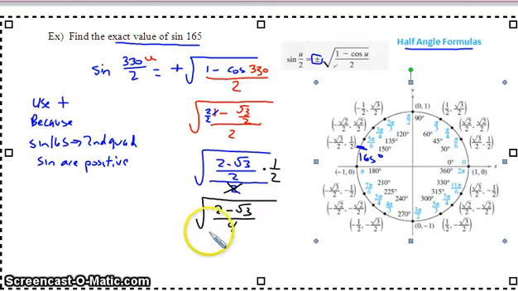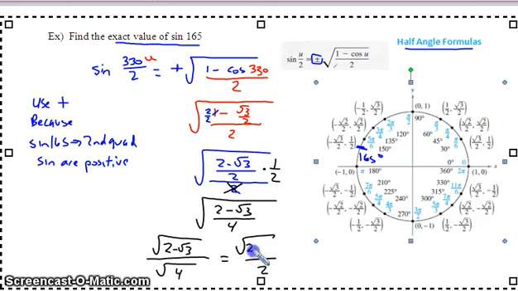One more thing I can do is recognize I'm taking the square root of a fraction, and I can write it as the square root of the numerator over the square root of the denominator. The only thing I'm able to do is simplify this by changing the square root of 4 to 2. And so that's going to be my final answer.